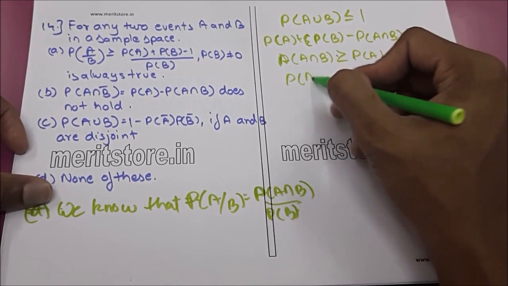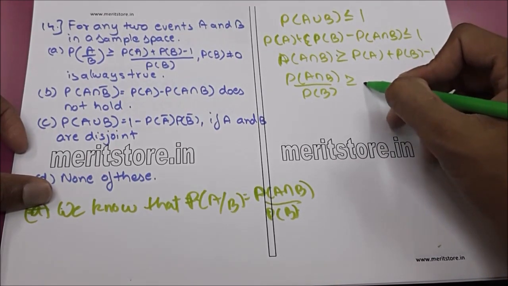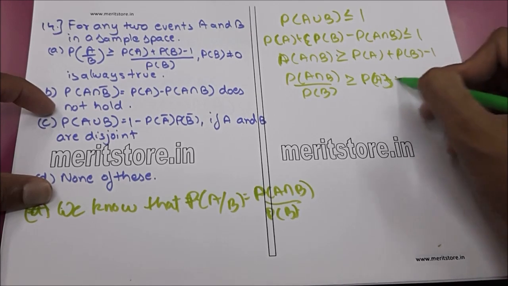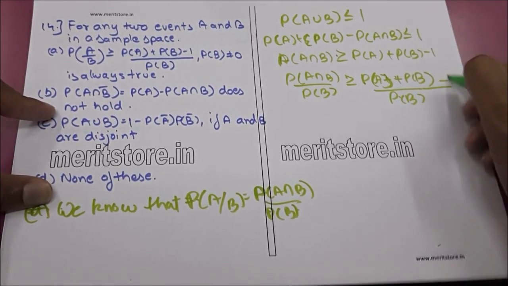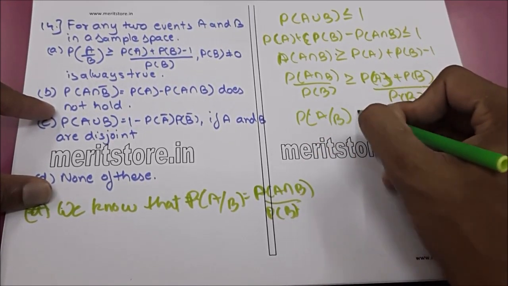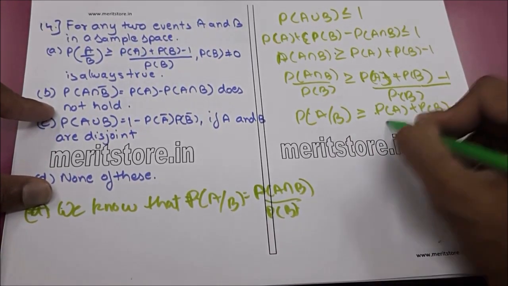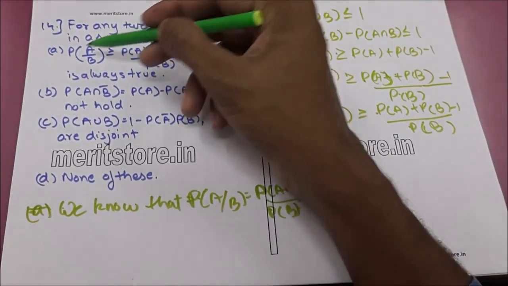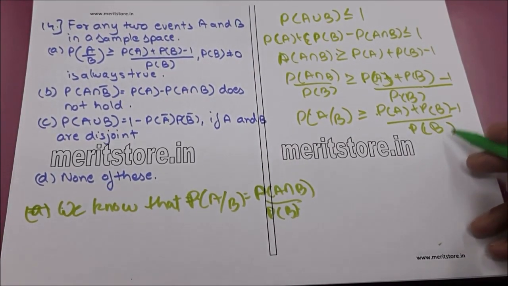We solve this further, we get A intersection B upon probability of B greater than or equal to probability of A plus probability of B minus 1 upon probability of B. So we can say that A is true for any two events A and B in a sample space.